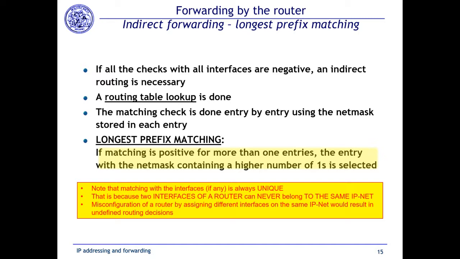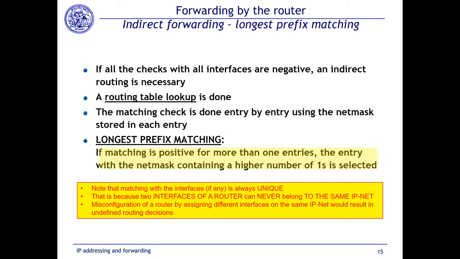Never will you have a packet that is matching two interfaces in the same router. And this is because in a router you can never assign more than one interface to the same IP net. Okay. If you assign two interfaces to the same IP net, this is a misconfiguration.